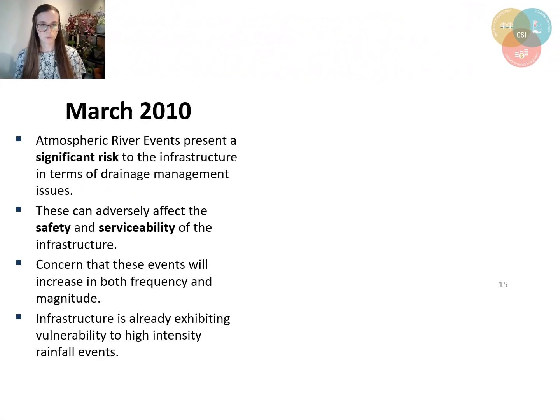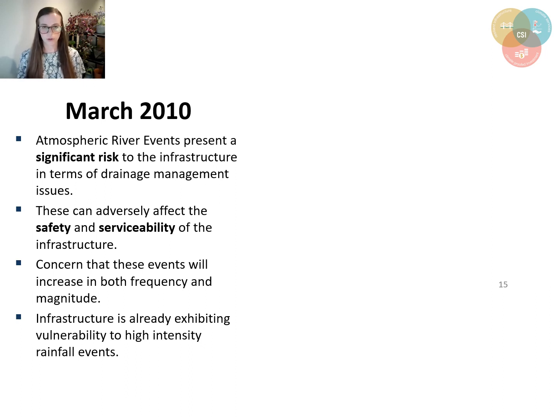So this report was released in March 2010, and the findings of the reporting were that the system is generally resilient to climate change. However, they identified that atmospheric river events present a significant risk to the infrastructure, especially for drainage management issues. They found that these types of events could have extreme issues with safety and serviceability.